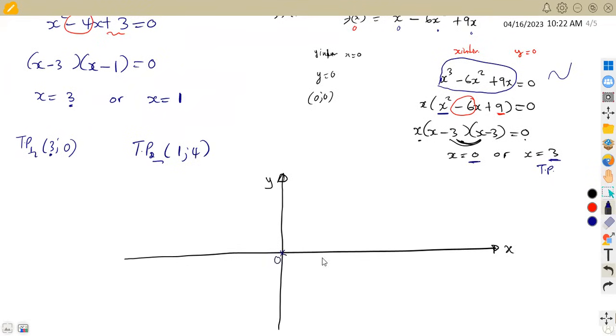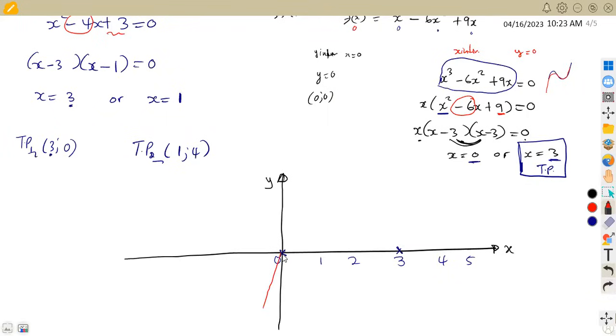So let's say this is 0, 1, 2, 3, 4, 5, and so on. We are having a solution at 0. We are having a solution at 3. Why? Because at point 3, this point is a turning point also. So meaning to say our curve is supposed to be like this, passing through the origin to the first turning point at (1, 4) there. Then, okay, let me try to have it a little bit this way.